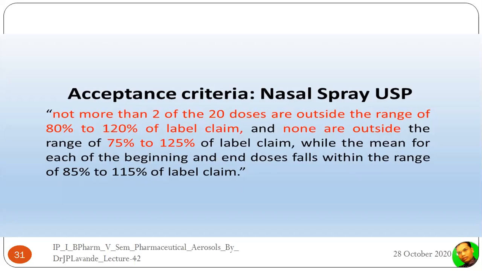While the mean for each of the beginning and the end doses should fall within the range of 85 to 115% of the label claim. So the mean should not go outside 85 to 115%.